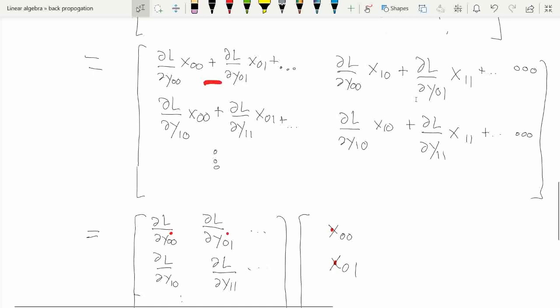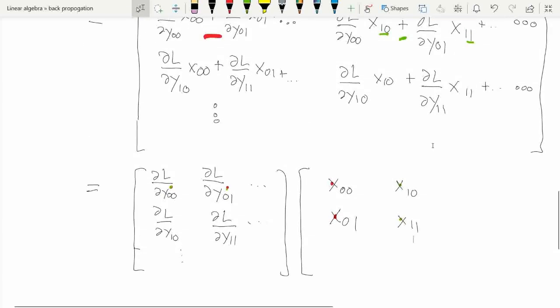And then this times this plus this times this is this, so it's going to be x 1,0, x 1,1. And as you can see, this pattern works for this as well.